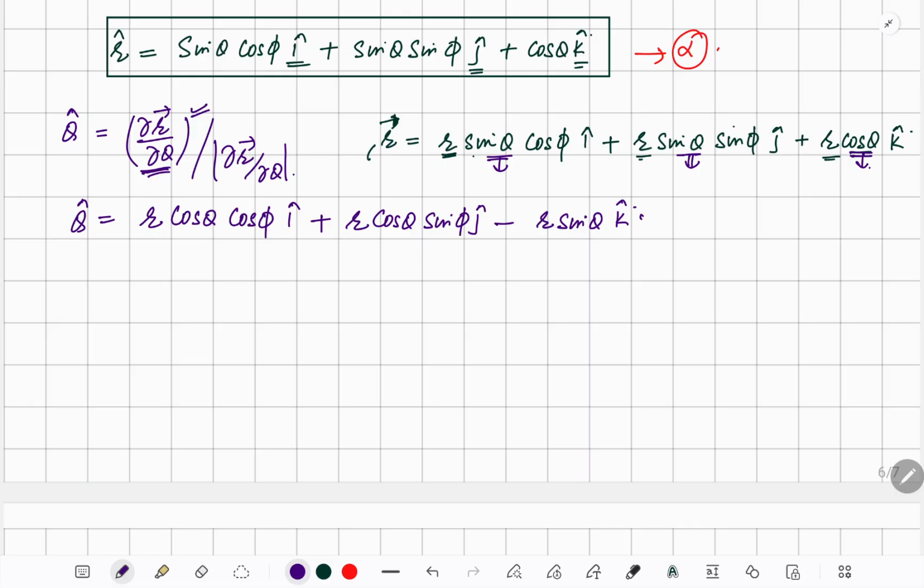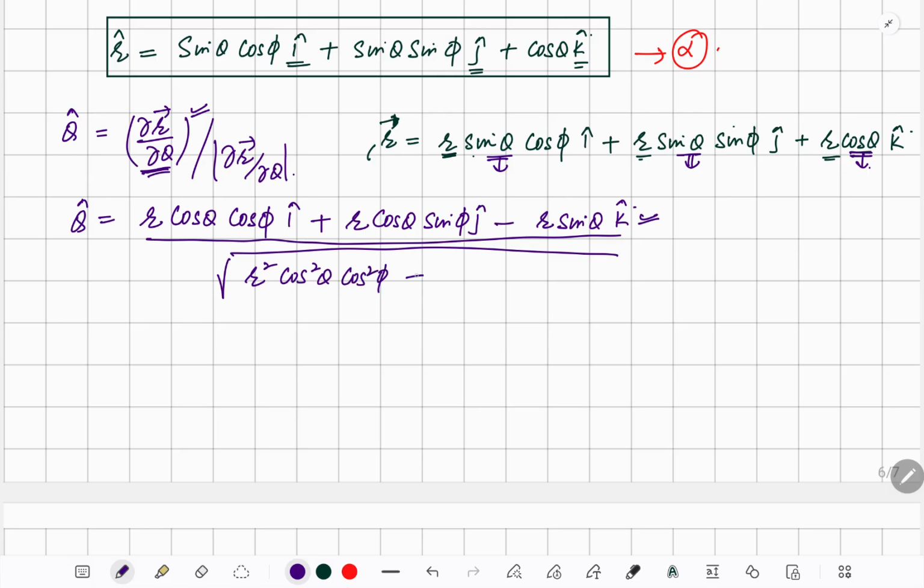This same magnitude would be given by the root of this whole thing: r square cos square theta cos square phi plus r square cos square theta sin square phi plus r square sin square theta.